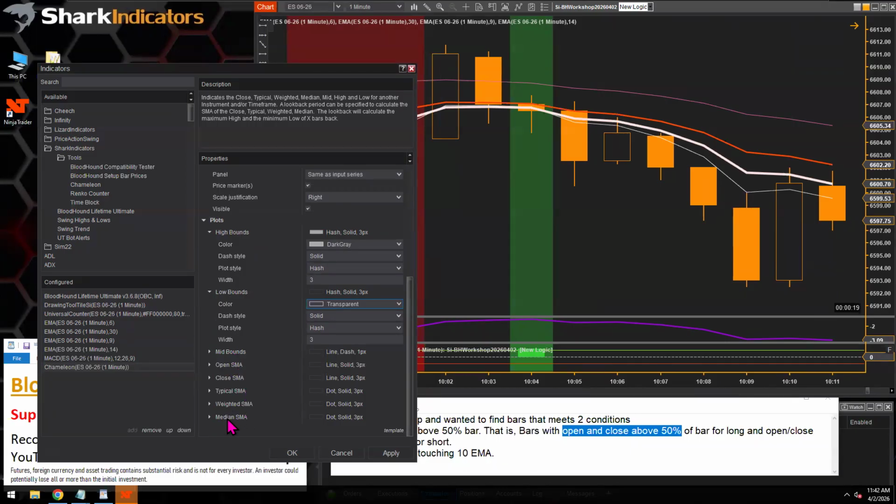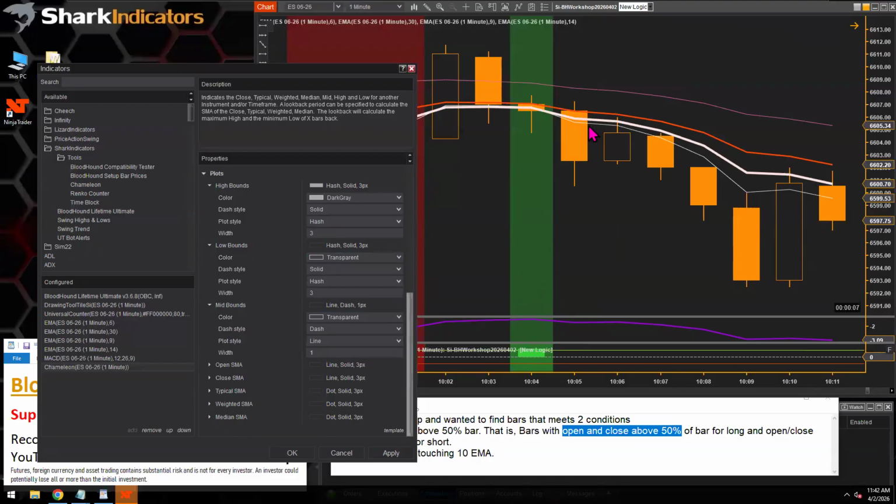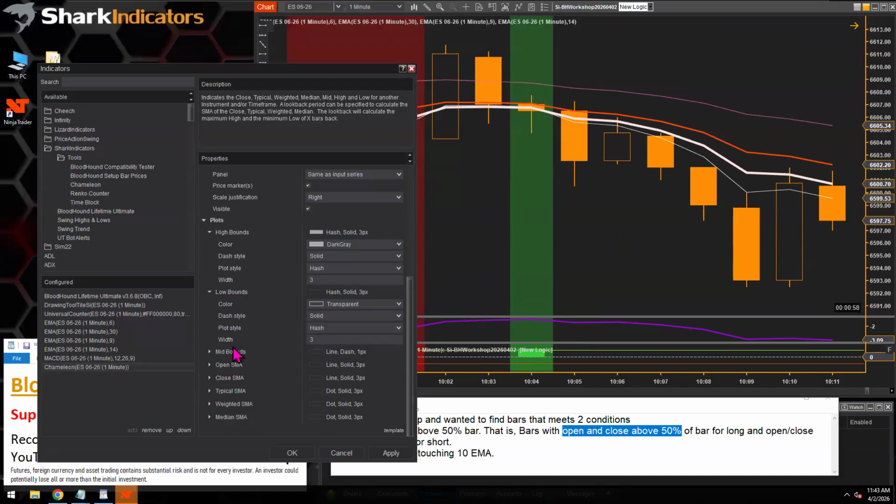Oh, you know what? Yeah, the mid is the mid. The median is the average of all four prices. Oh, okay. Yeah, I thought there was a midpoint here.